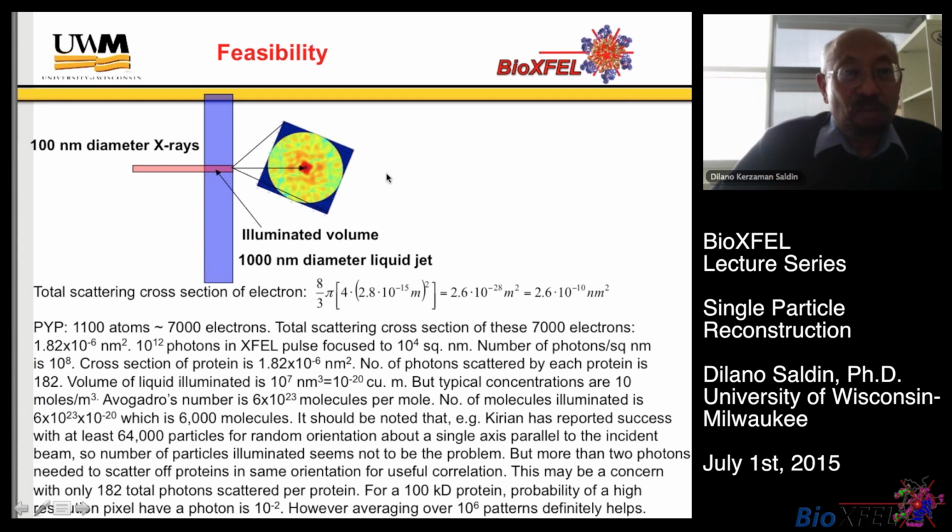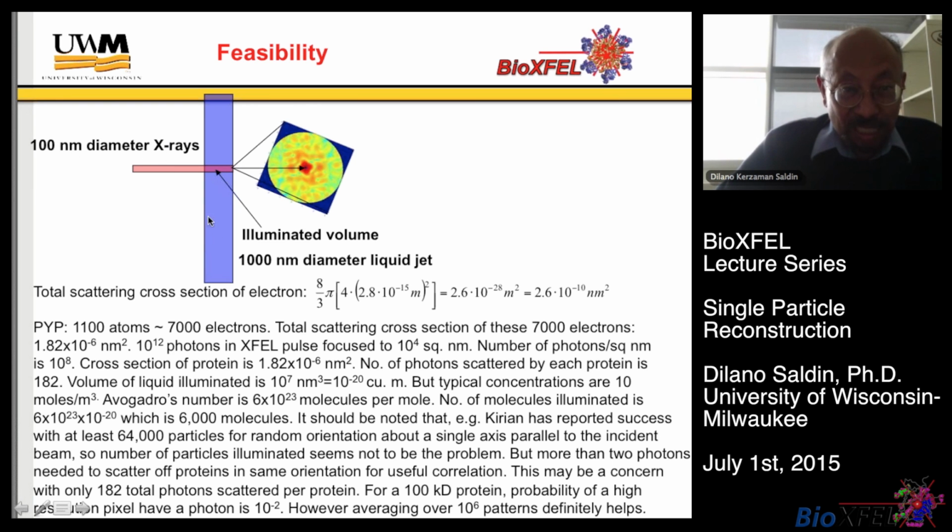Okay, so now I want to talk a little bit about the feasibility of such an experiment. Now, an XFEL can be focused down, and by the design specification of the LCLS, you can supposedly focus it down to 0.1 of a micron, which is about 100 nanometers.